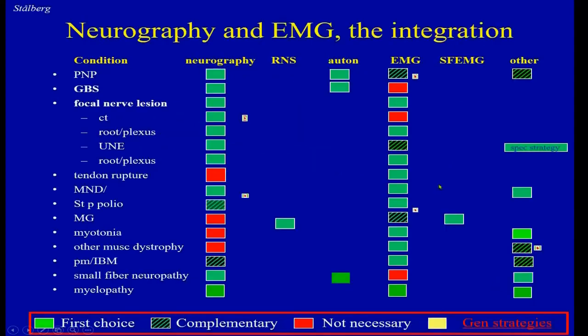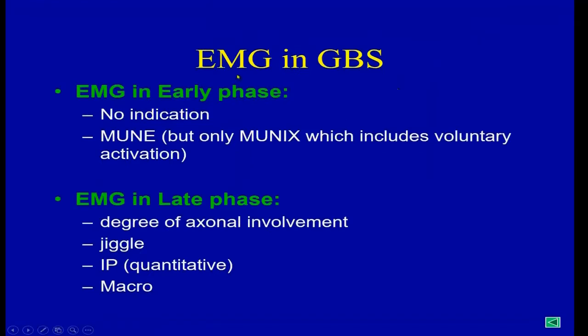EMG has not the primary indications in Guillain-Barré. We don't see much in the very early phase. We see a reduced interference pattern, and some of the MUNE methods can be used.